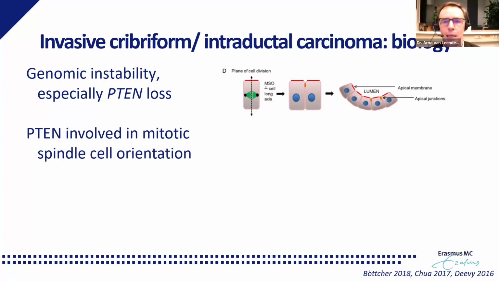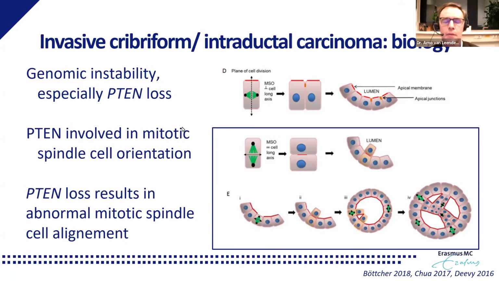And PTEN has many functions, but one of the functions it has is orientation of the mitotic spindle. When cells divide, this is very strictly regulated. It is always going in the same plane, so that cells will divide in a horizontal way. However, when you have PTEN loss, the mitotic spindle is not able to orient itself that well anymore.